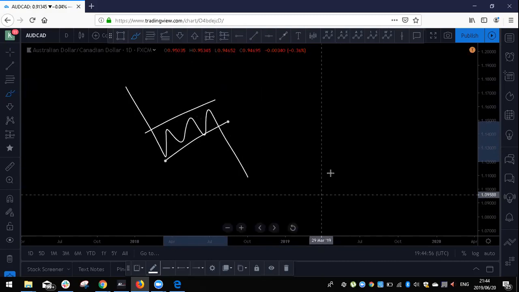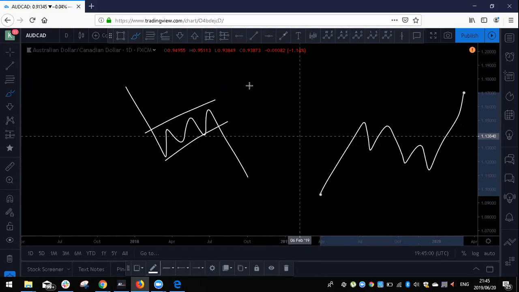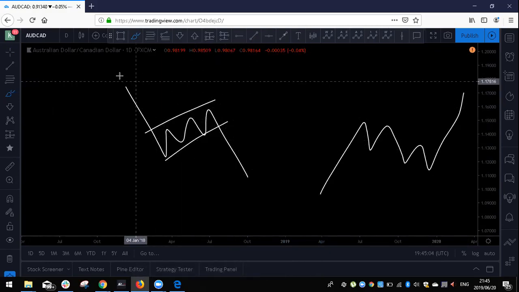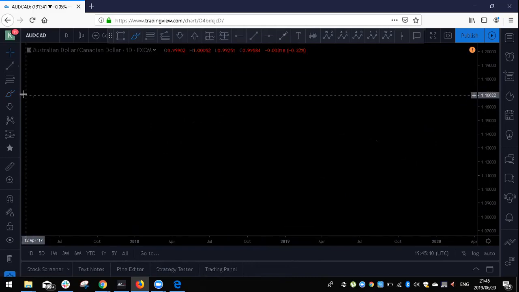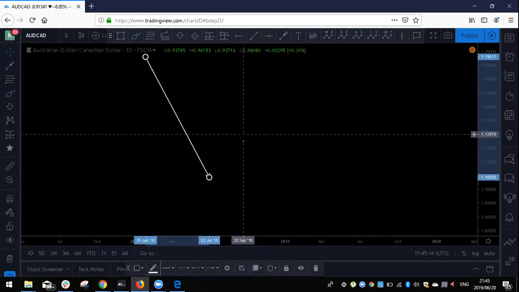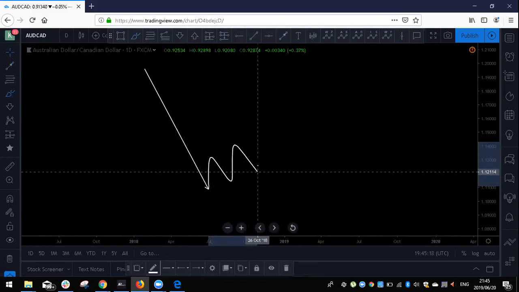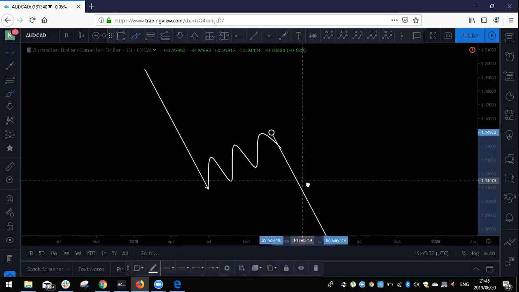It might be a bullish flag, bearish flag, but it flags. What this basically means is the price will have an impulse, and then it's gonna have a corrective structure. It's gonna have a correction before it makes another impulse.